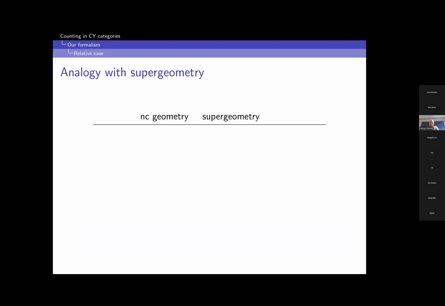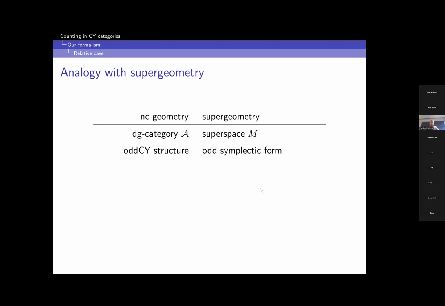So maybe before I talk about that, I'll talk about some analogy here with supergeometry. If we have a DG category, I want to think of it as analogous to a superspace, because what's the tangent space to the space of objects in the DG category? It's a Z-graded space. Superspace is Z mod 2 graded, but really here it's Z-graded. And then an odd Calabi-Yau structure gives rise, on the space of objects, to an odd symplectic form.